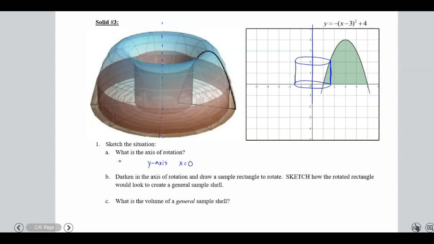And I'm looking at what is the volume of that general sample shell. So remember, that's going to be my 2 pi times r times h. In this case, our thickness is just a small change in x, so dx for this one. So really it comes down to what is the r, what is the h for this guy.